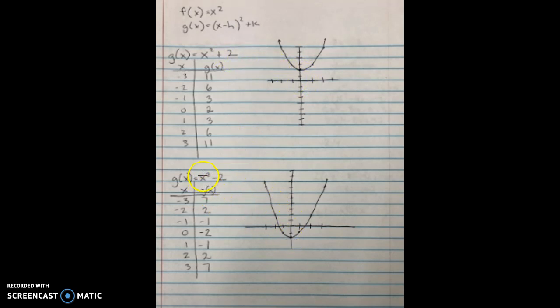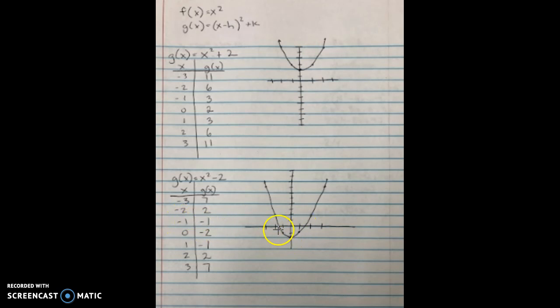The reason we set x to 0 is because we want to know where the bottom of this graph is going to be when it doesn't go anywhere. As long as we start with an x squared, it's going to be on the y-axis. When we set x to 0, we get -2. That's going to be our vertex.